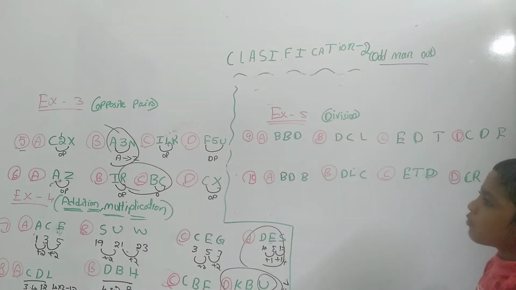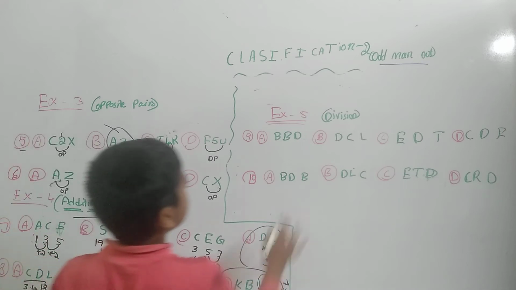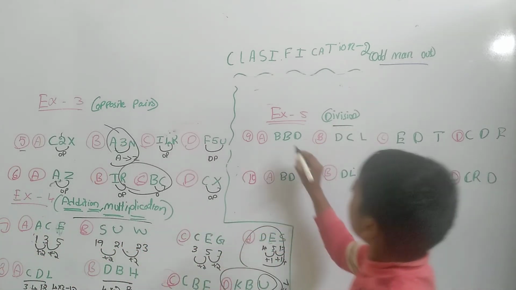Next, exercise 5. This one is addition and multiplication, and this is division.